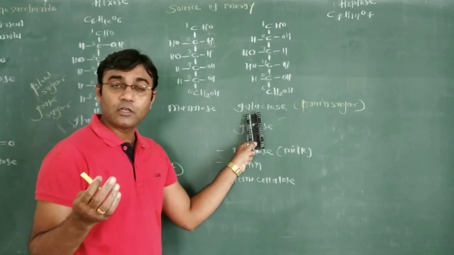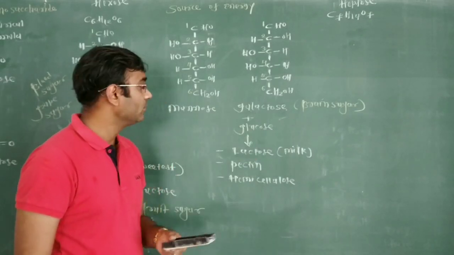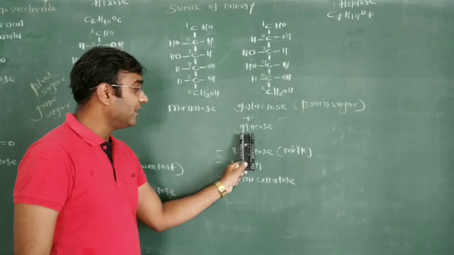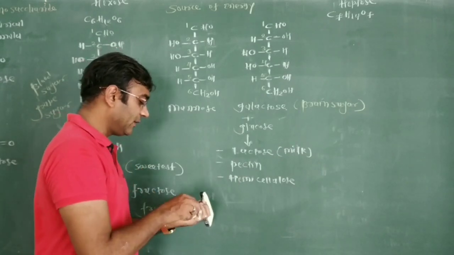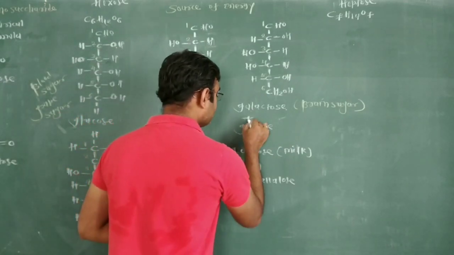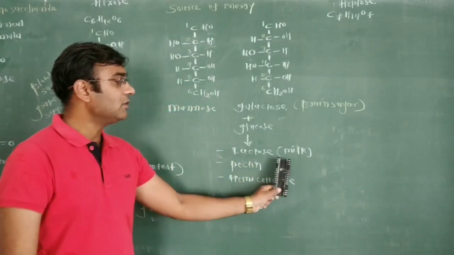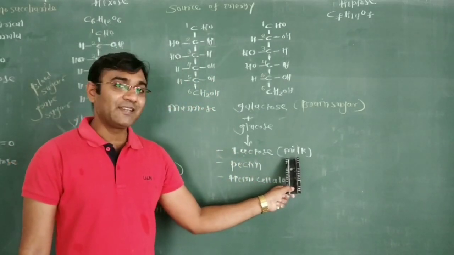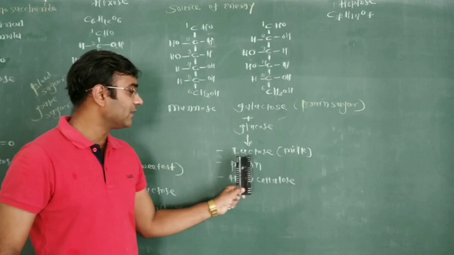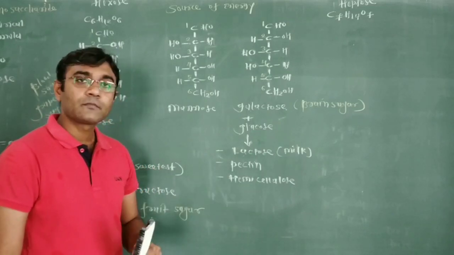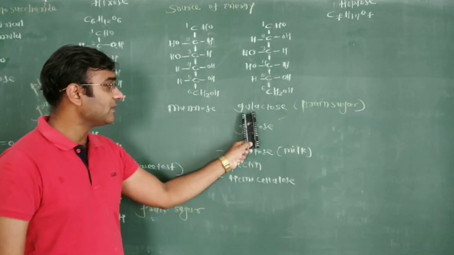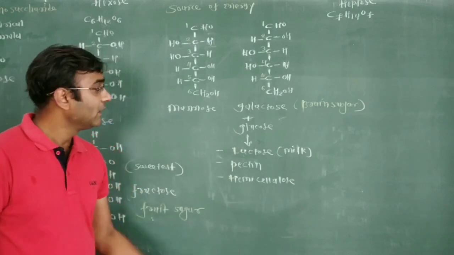Galactose is not present in free form. Galactose reacts with glucose and produces lactose. Lactose is necessary for the sweetness of milk, meaning milk sugar is lactose. Lactose is made up of glucose plus galactose, so that is a disaccharide.